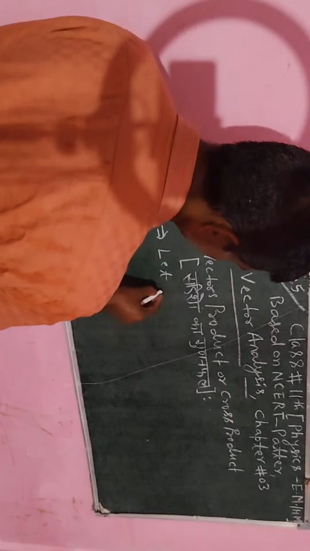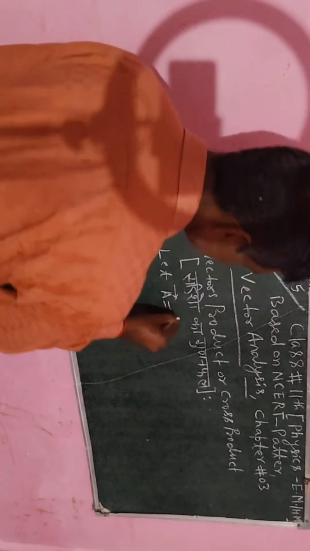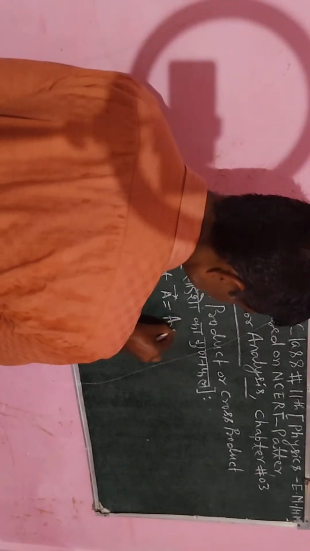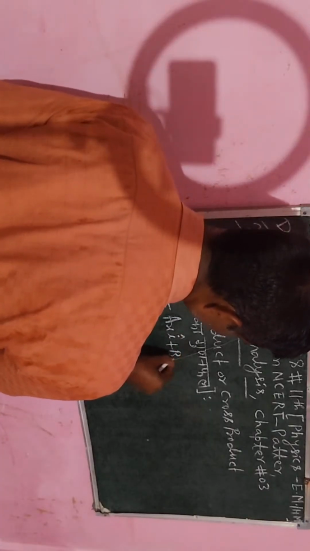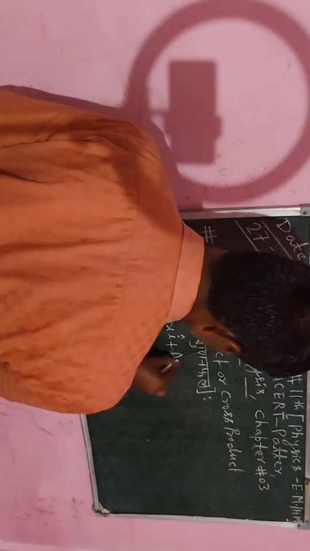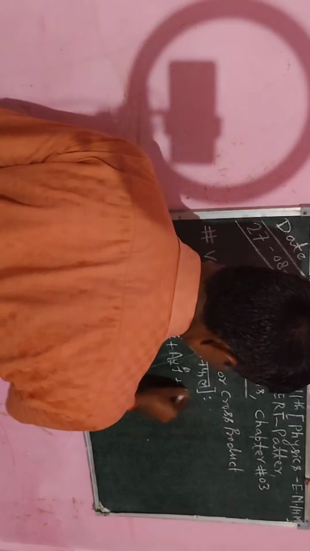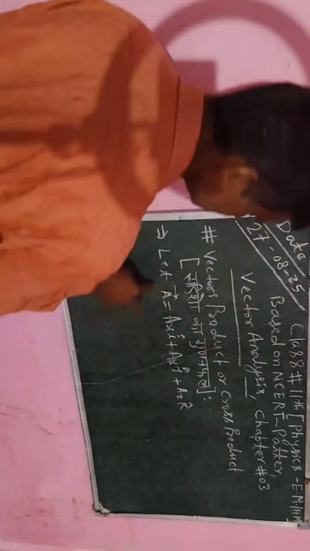Let one vector be the vector A, that is ax i cap plus ay j cap plus az k cap. So this is the general vector.